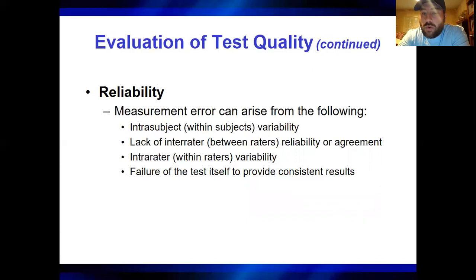Measurement error can arise from any of the following: inter-subject variability. So within your subjects, let's just say we took the bench press. Again, it's an easy one and everybody understands what it is.